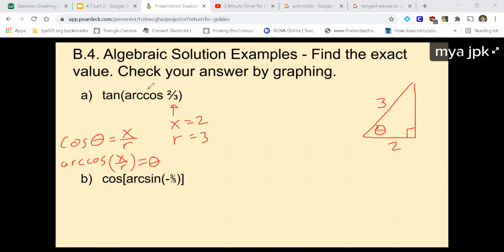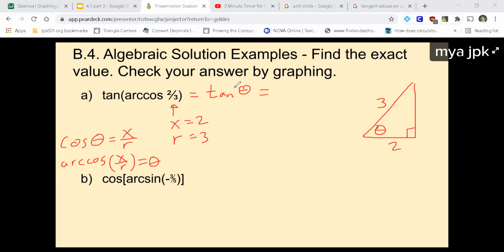Okay. So what this problem is going to do is when we take the arc cosine of 2 over 3, it's going to tell me what this angle is. And once I have what that angle is, I'm going to take the tangent of that angle.